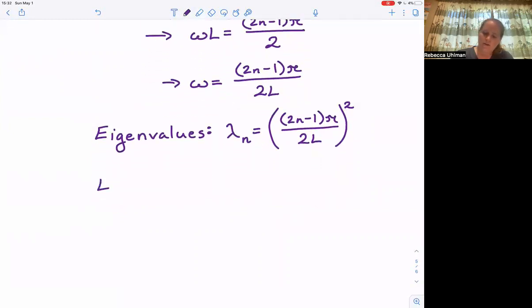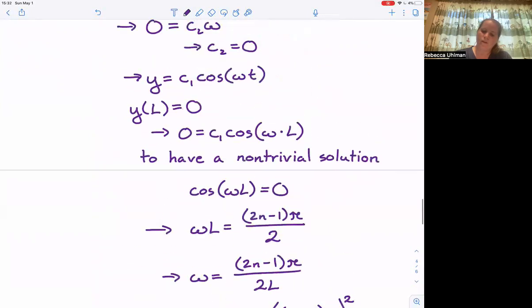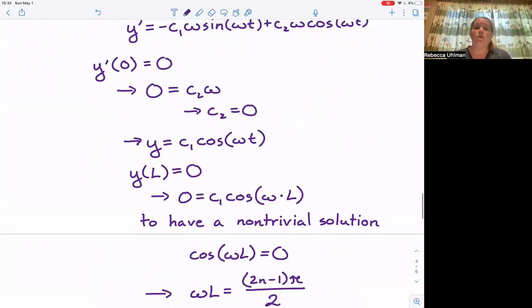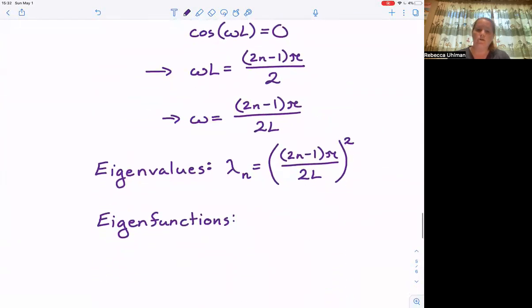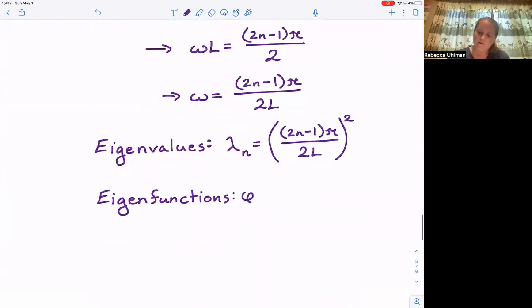Our eigenfunctions in this case, we had that y was equal to cosine of omega t, essentially was what we had boiled down to. So our eigenfunctions will be phi sub n equaling cosine of 2n minus 1 pi over 2L all times t.